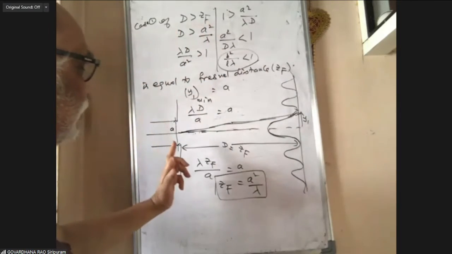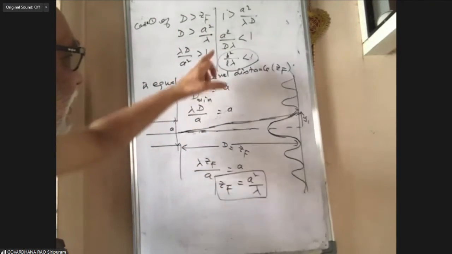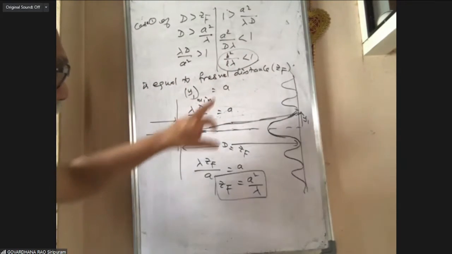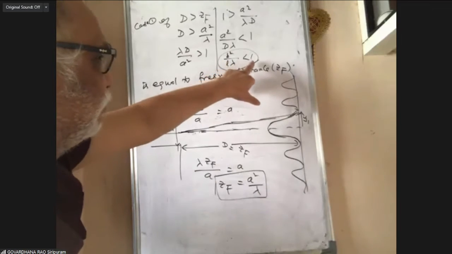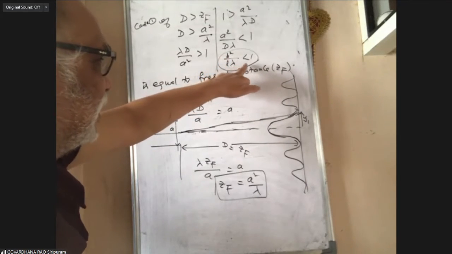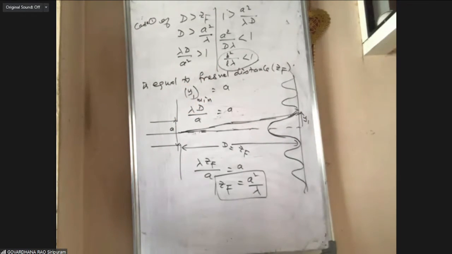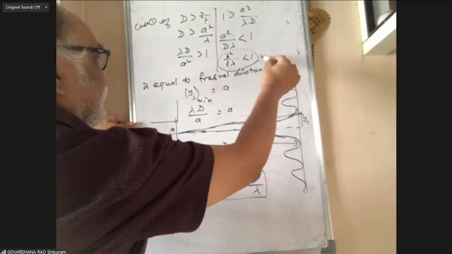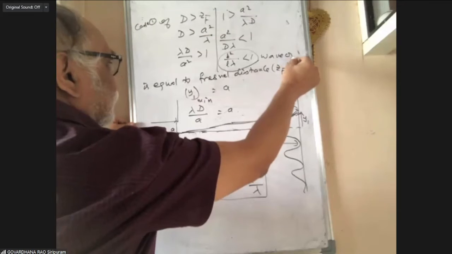And D is the distance between the slit and screen; in the place of D, what is given? L. So this is already written in the books: b square by L lambda is less than 1. Less than 1 is what? Wave optics.